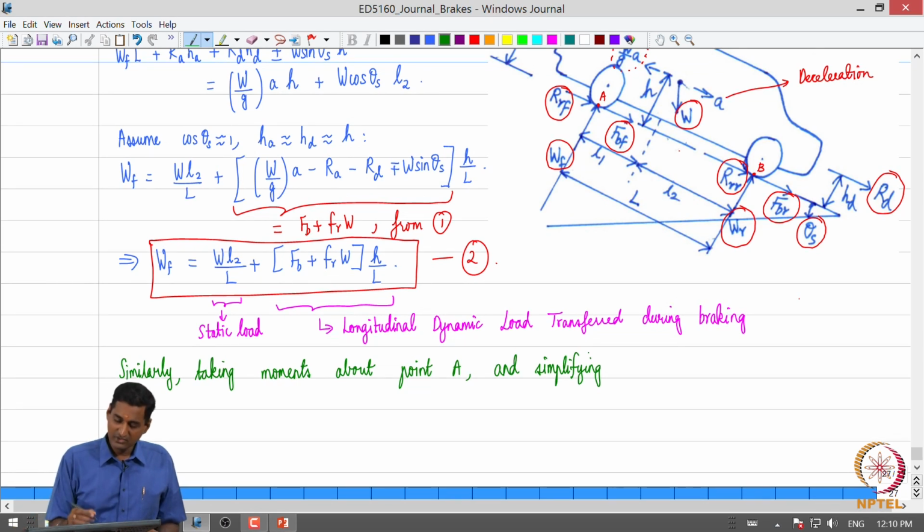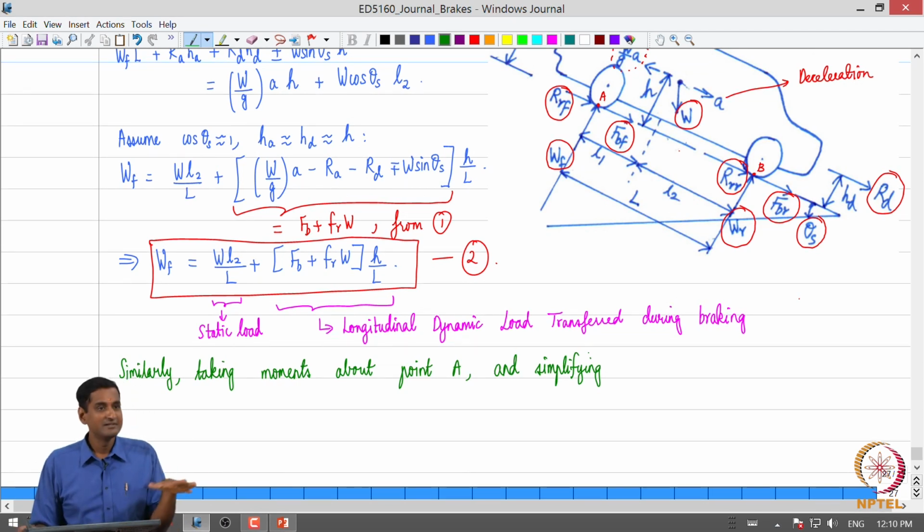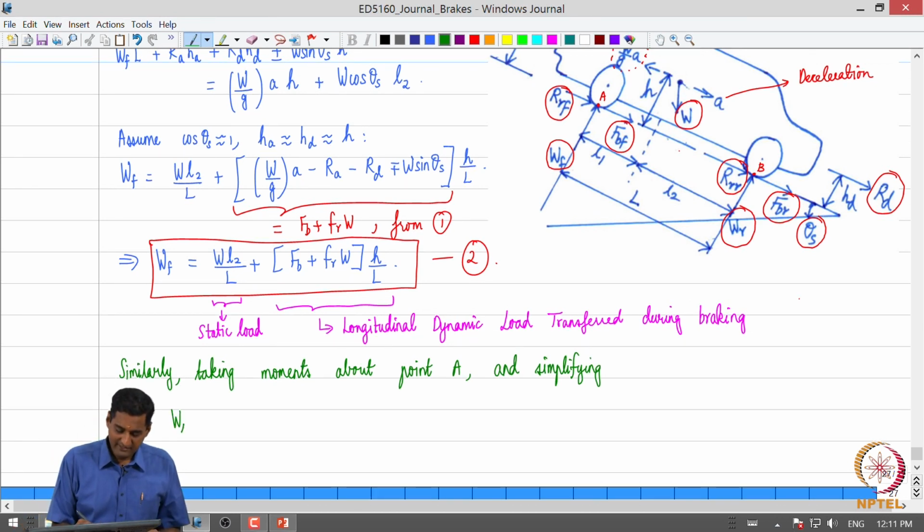So, if you do the same process and make the same assumptions, cos theta s is almost 1, HA, HT almost being equal to H and so on, and then use equation 1, what we will ultimately get is an equation for WR, which is going to be WL1 by L minus FB plus FRW times H by L.